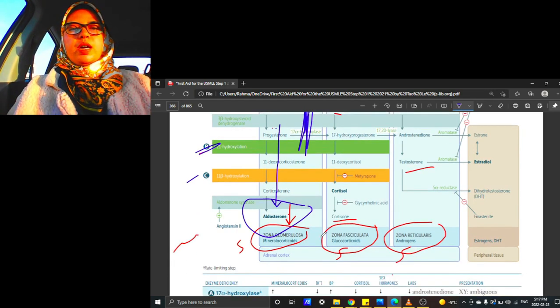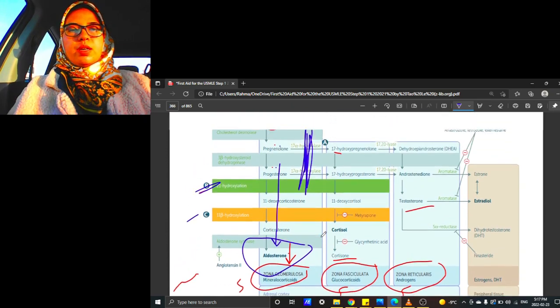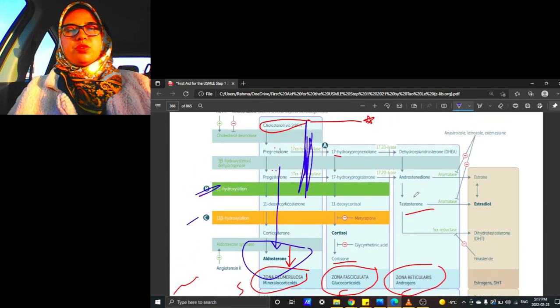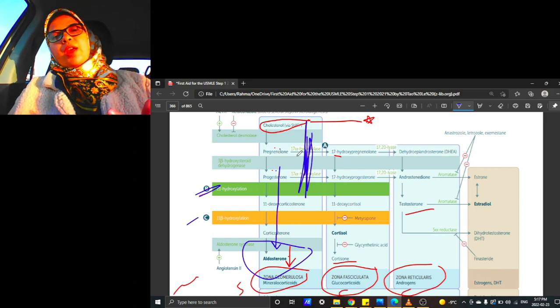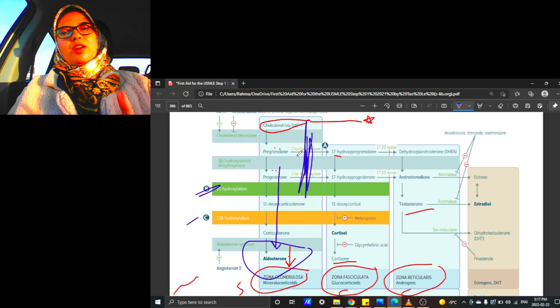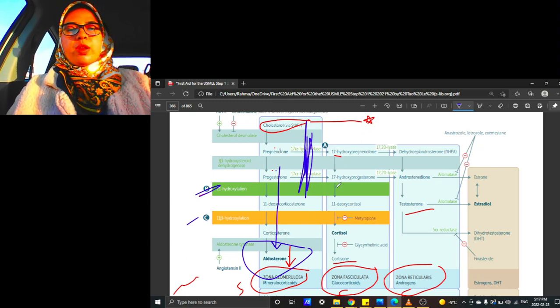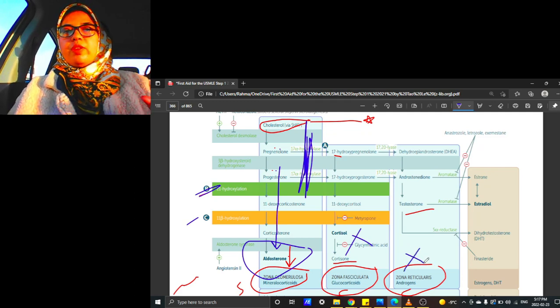However, when I come to make our cortisol and our adrenal androgens, I have a huge problem here because I need these precursors to go through, and 17-alpha hydroxylase is what's needed for me to make the precursors needed for the other hormones that I need. So I will not have cortisol, and I will not have adrenal androgens. I will have elevated blood pressure.